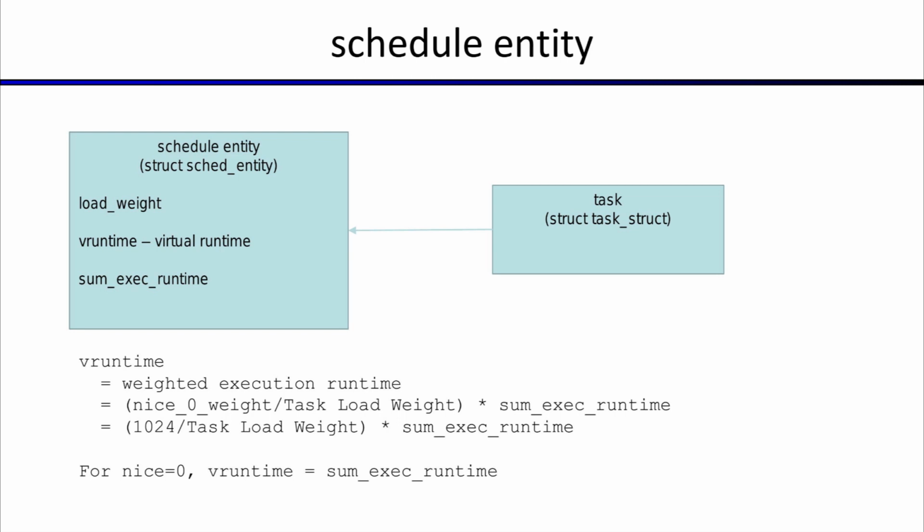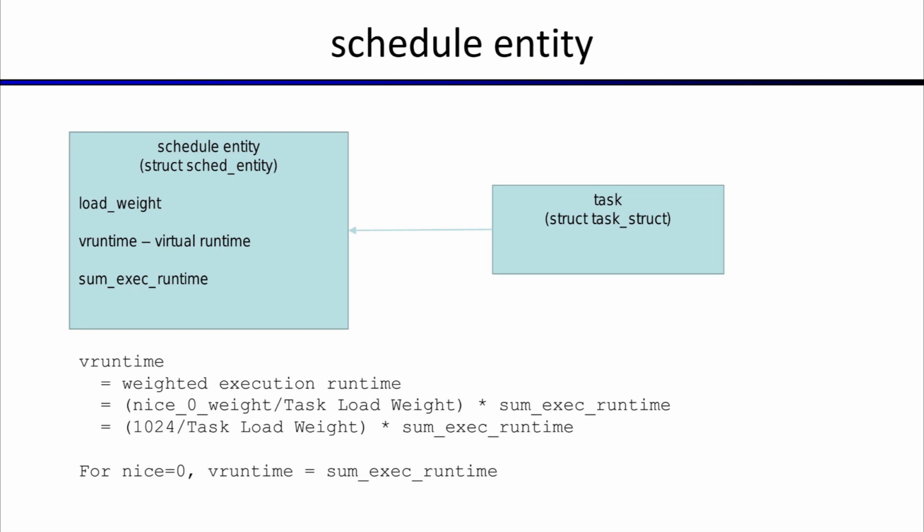The vruntime is that balanced measurement that uses the load of the process to tell how you compare different tasks on runtime. And the formula is that you take the sum_exec_runtime, multiply it by the nice 0 weight, and divide it by the actual task load weight. So you compare everything to the load weight of a nice 0 process. The reason for that is probably that nice 0 is the default. The default process is given a nice value of 0, and it has a nice 0 load weight of 1024.